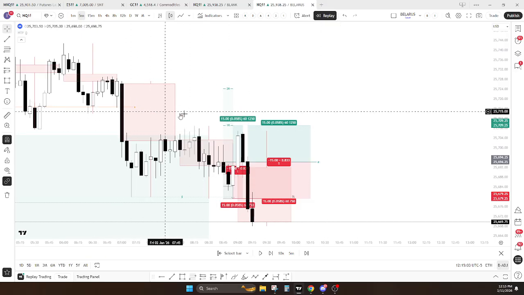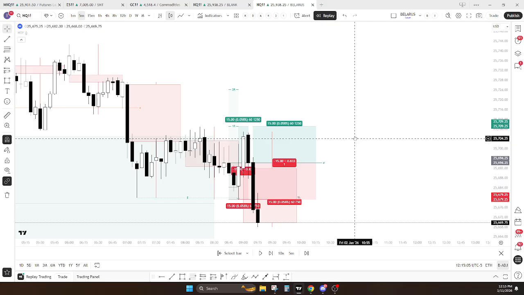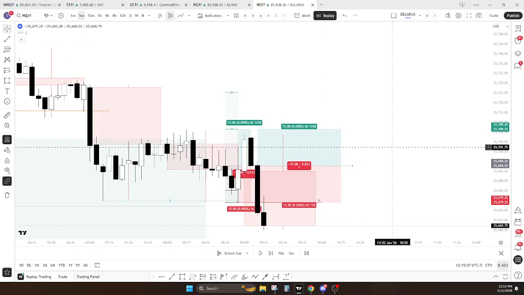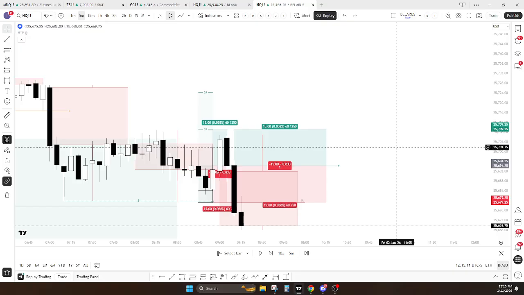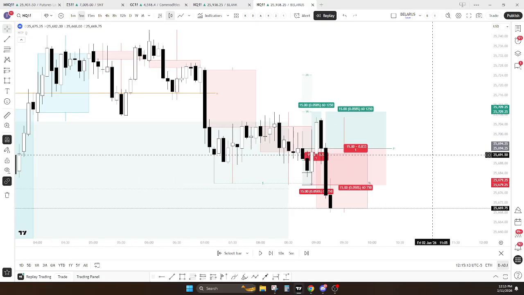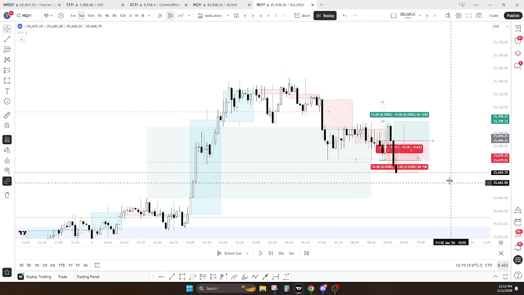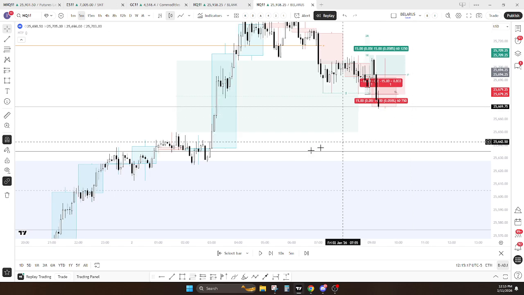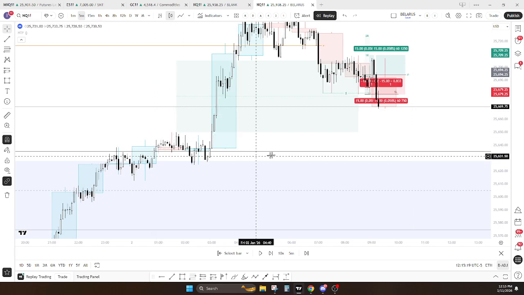Another narrative, which is just experience, is that between 9 and 9:30 I'm waiting for the manipulation. It's going to be much lower. I would go on the left and look for the lower hourly block, like this little hourly block right here.